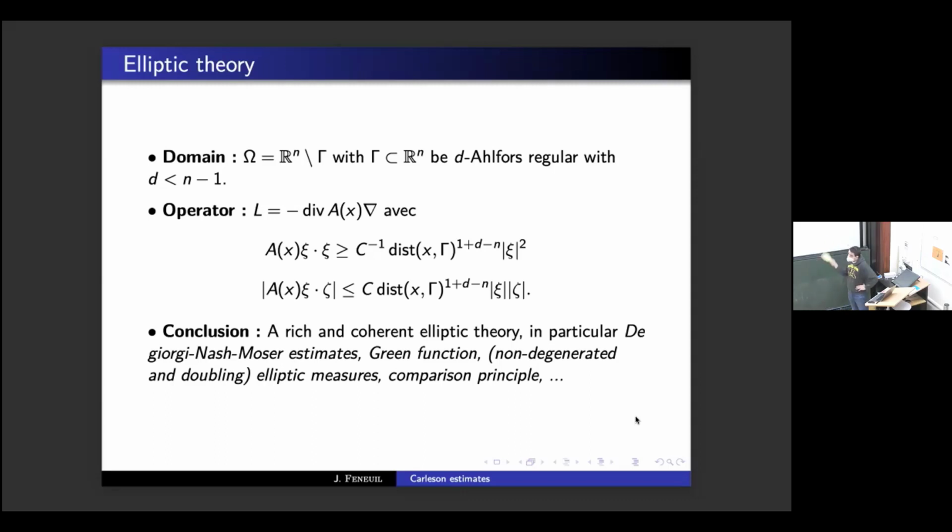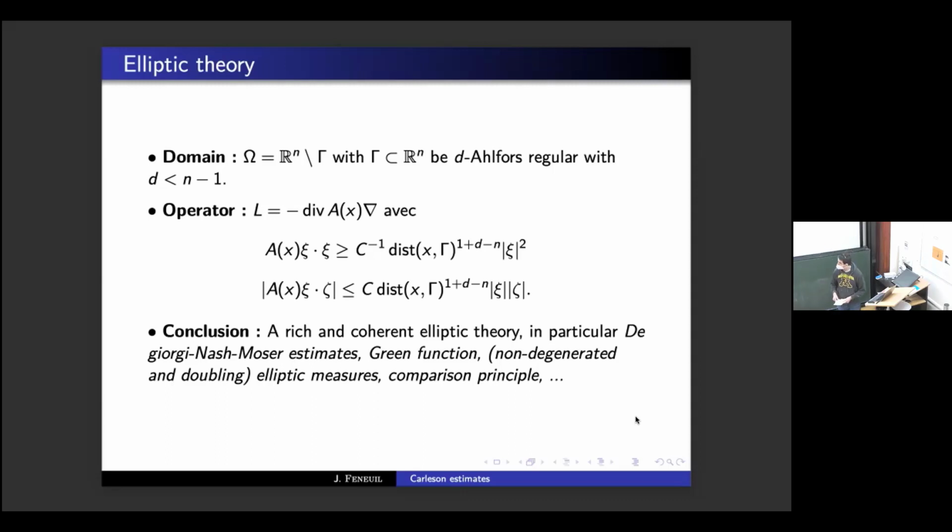And if we take those operators, then we can have basically all the basic elliptic theory that you have for the classical uniform elliptic operators.